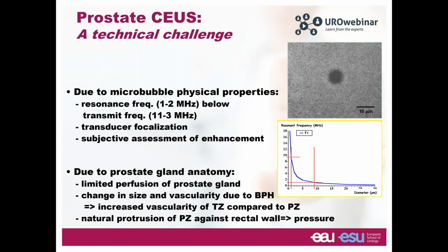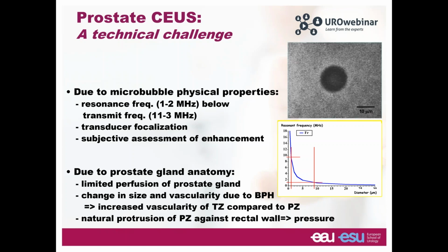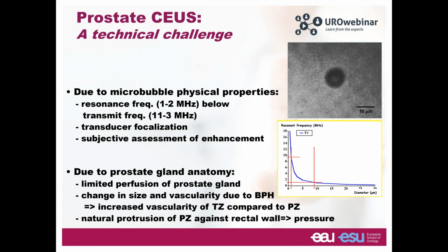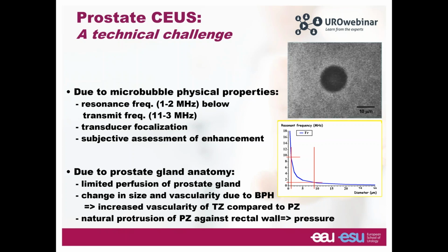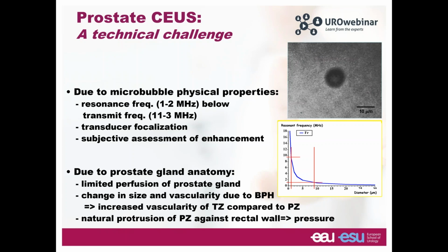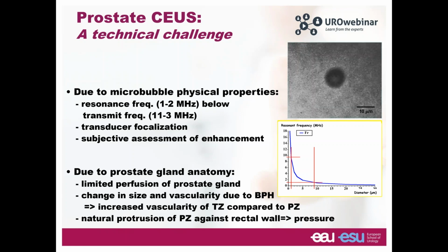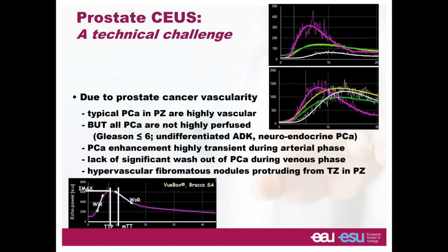There are also issues due to the prostate gland anatomy, as this is not a very highly perfused gland compared to the kidney or to the liver. And there's also a major change due to the BPH development with increased size and vascularity. And of course, the prostate cancer vascularity, increased vascularity compared to BPH is difficult to identify.